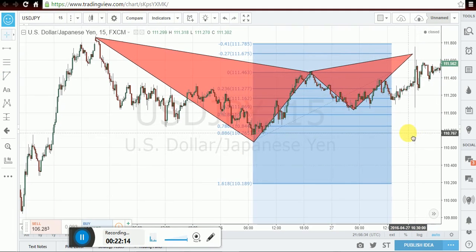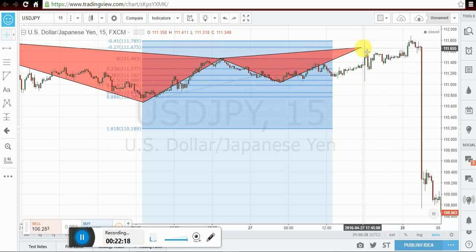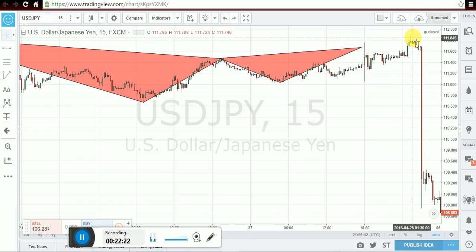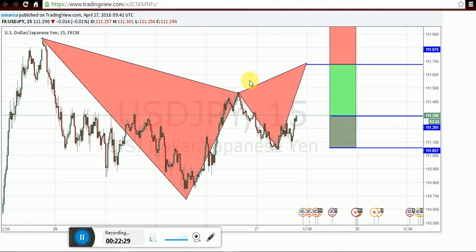Yeah, completed at 167. The market came on, gave us our first target, and then went back up and took us out on the second target for break even, right there. So it was a small win, but a win is a win.